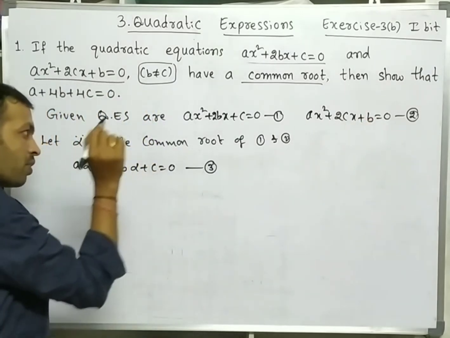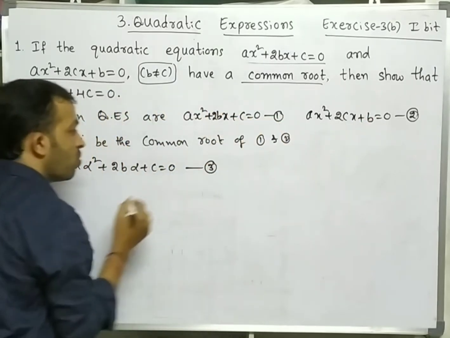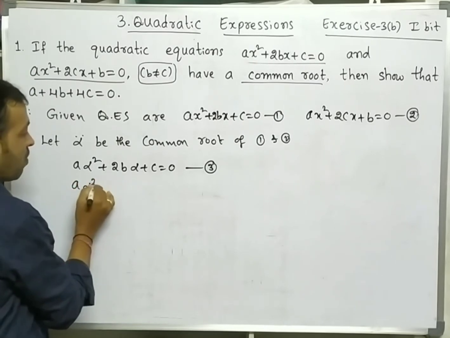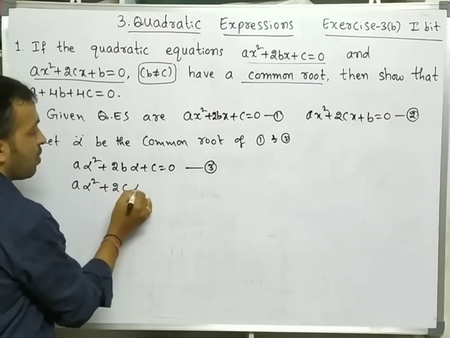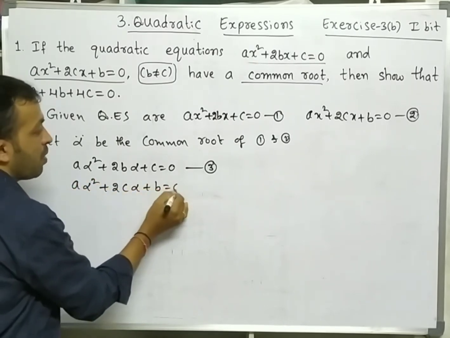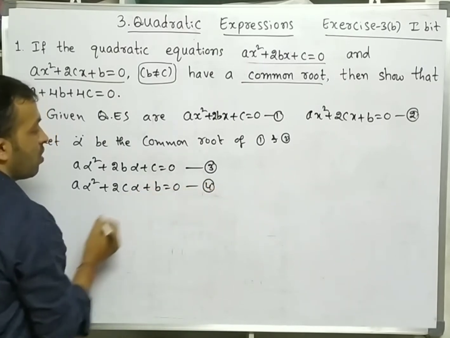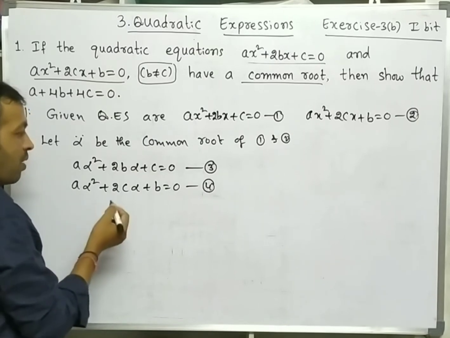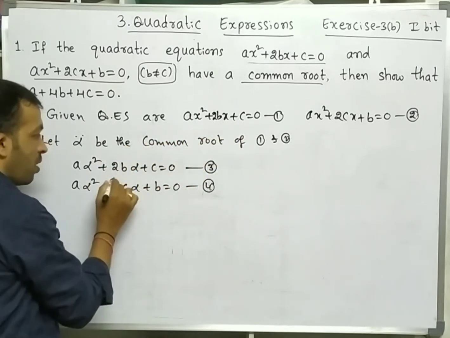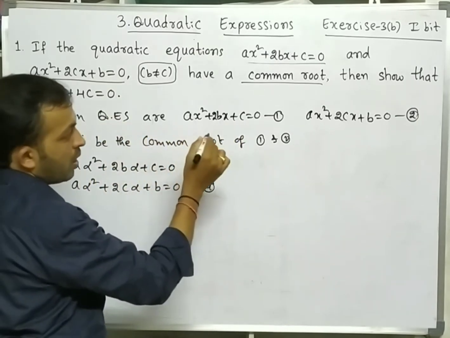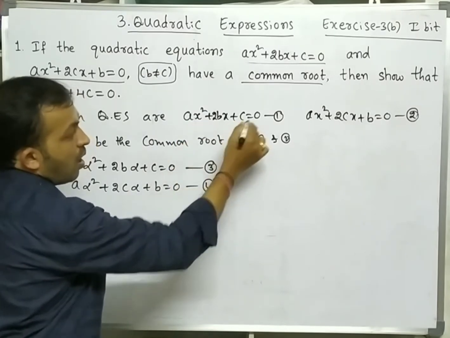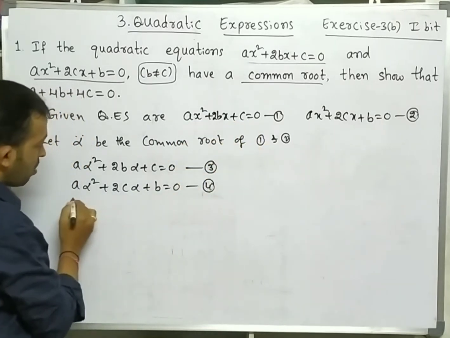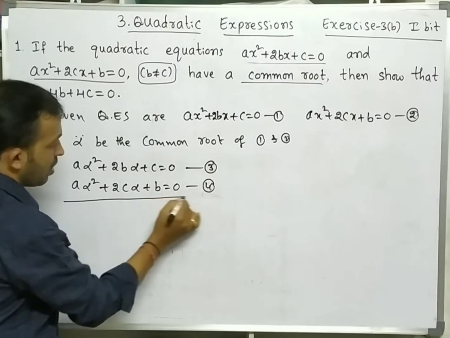So then alpha should satisfy equation 2 also. That means a alpha square plus 2c alpha plus b is equal to 0. Now these two are quadratic equations having common root alpha. Then I have substituted alpha in those two equations. Now solve these two equations.